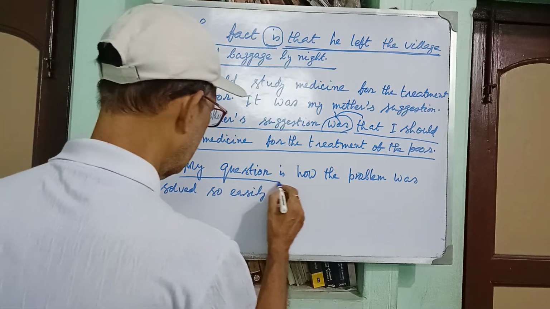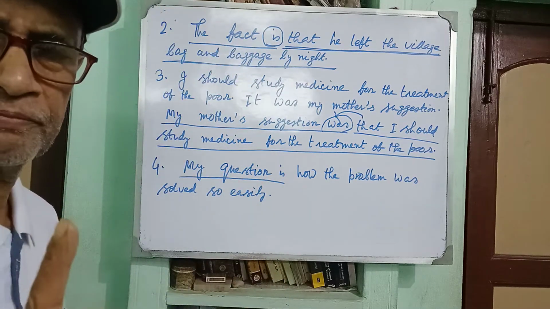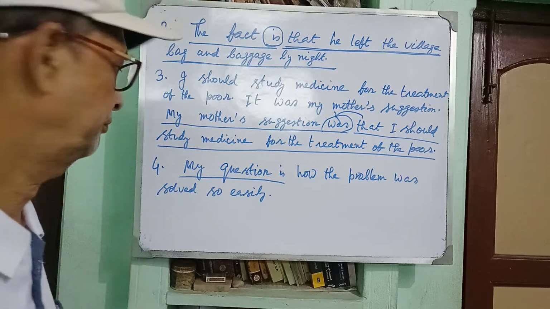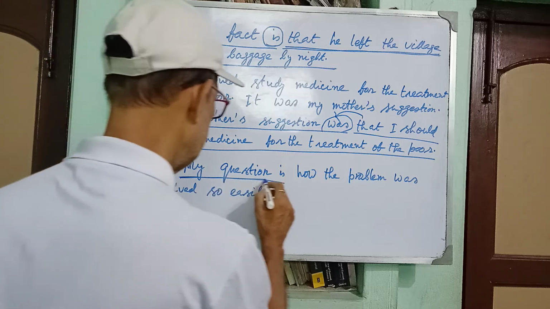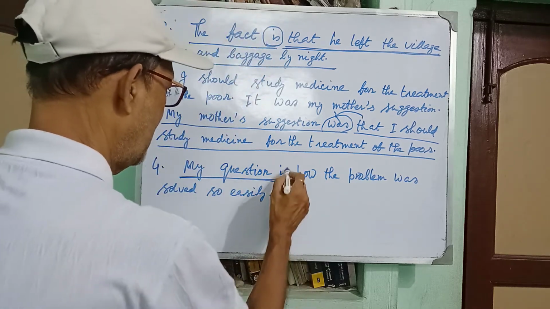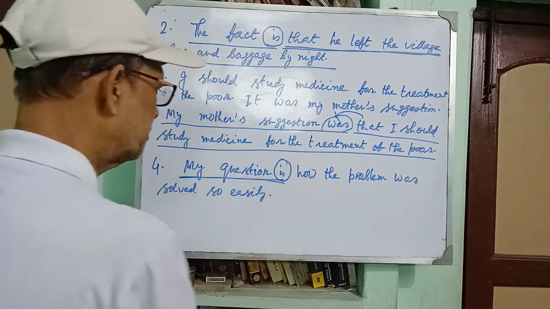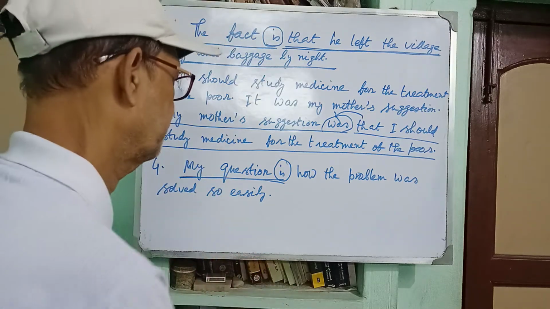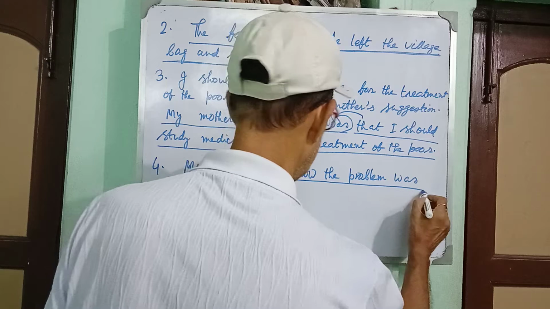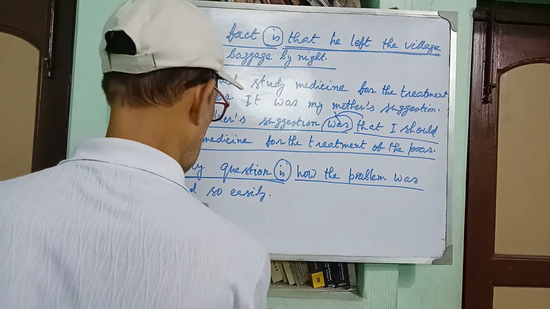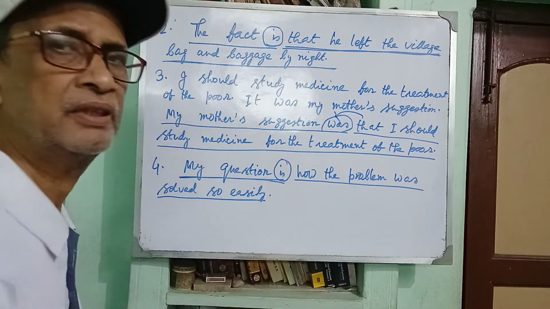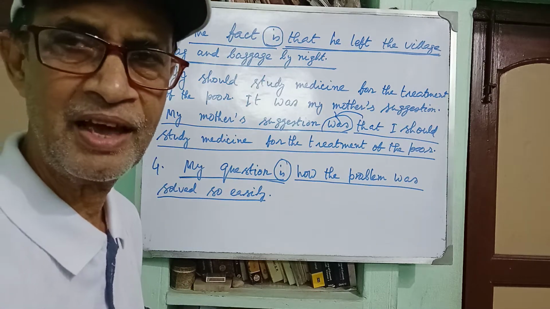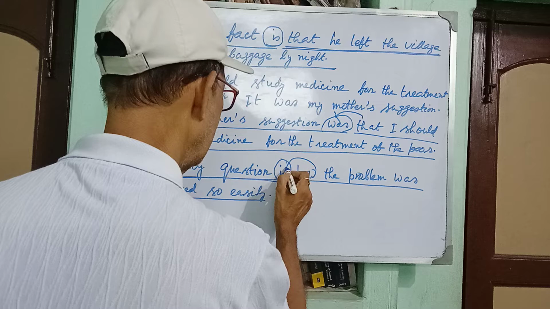My question is principal clause. Please follow me. Don't skip a single word or a line. You see that the principal clause ends with the be verb is. How the problem was solved so easily is a noun clause and complement to the verb is.